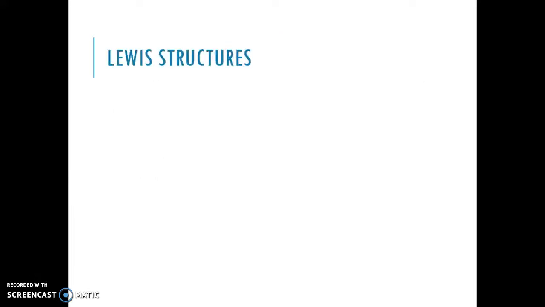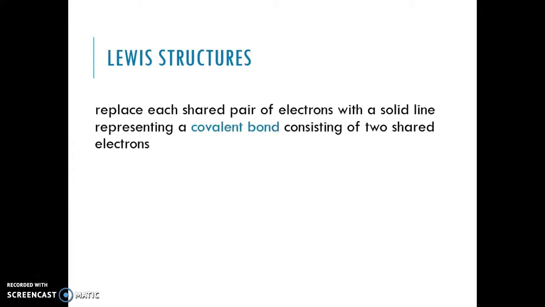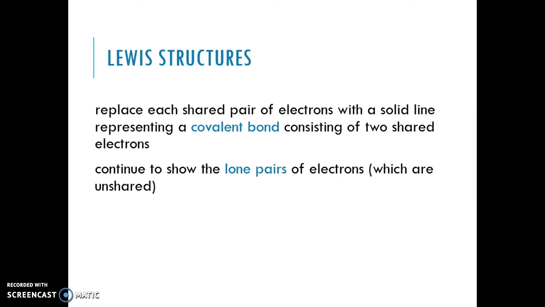And then if you go to Lewis structures themselves, we're going to replace that pair of dots with a solid line that represents our covalent bond. And remember that each line represents one pair of electrons, 2 electrons. But you also have to remember that you still have to show those lone pairs.